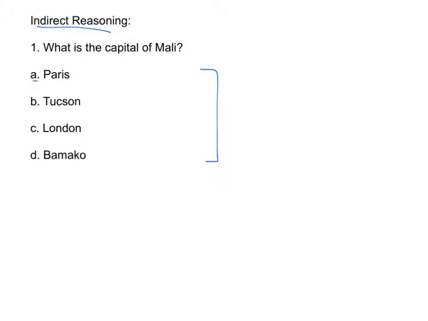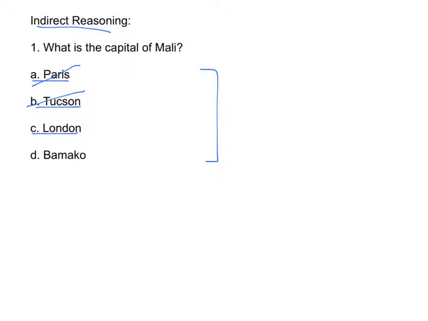A is Paris, and most people know that Paris is the capital of France, so we can cross that out. B is Tucson, which you might know is actually a city in the US. It's in Arizona, so we can cross that out.